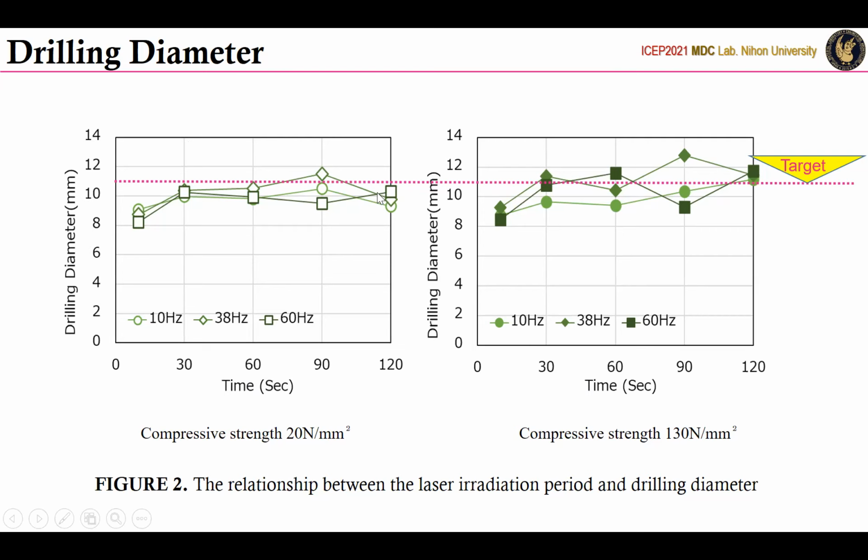This circle indicates 10 Hertz. The diamond indicates 38 Hertz. And the square indicates 60 Hertz. Within these conditions, the result of 20 Newton is in the range of 8 millimeters to 11 millimeters, almost this area.